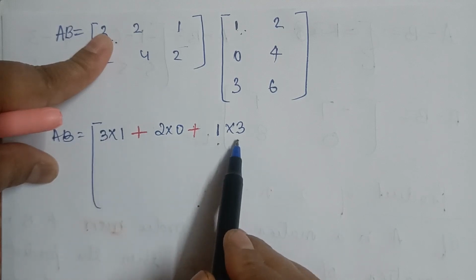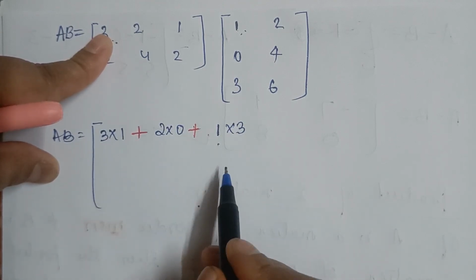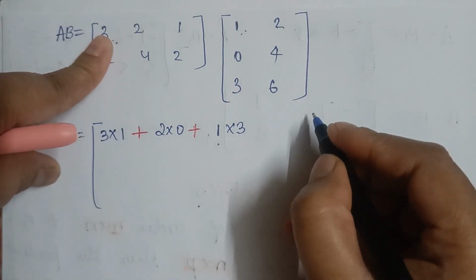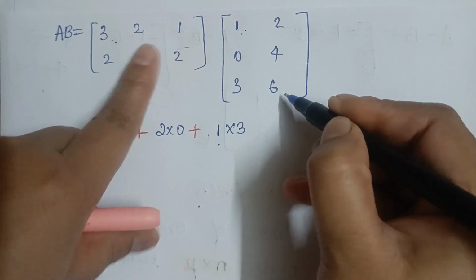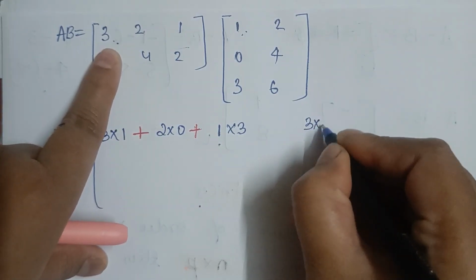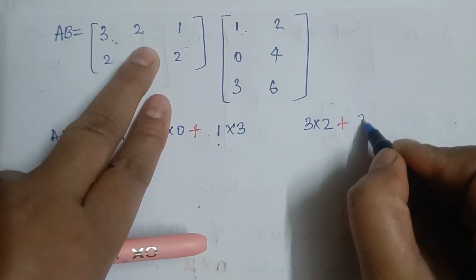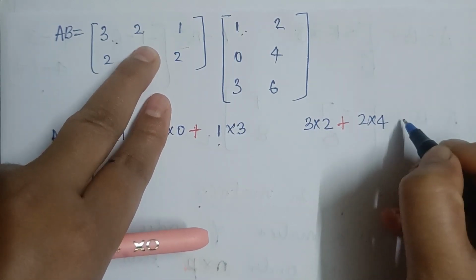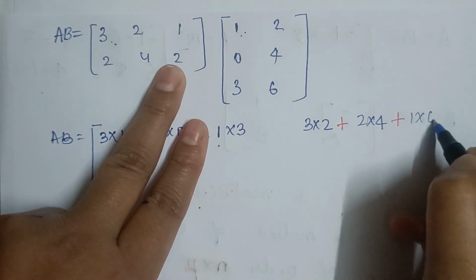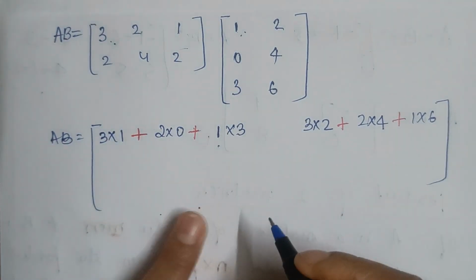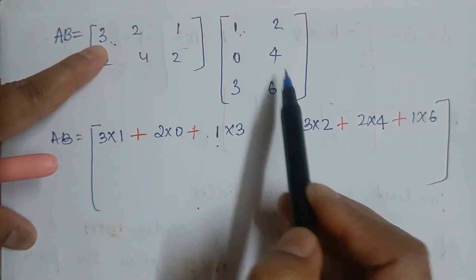If you multiply and add up all this, it is going to give you the first element of this matrix. And now for the second element, the first row and the second column you have to multiply. So it is going to be 3 into 2 plus 2 into 4 plus 1 into 6. Understood?